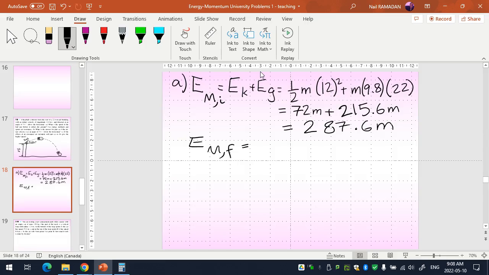What's the energy that completely goes down to 0? Gravity, which means technically this is just EK. So I'm just going to write EK, which is half M VF squared.